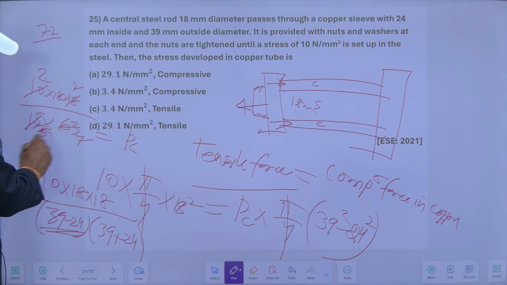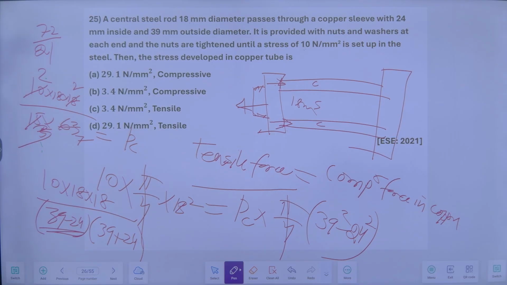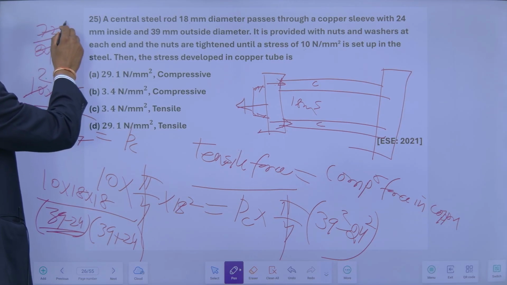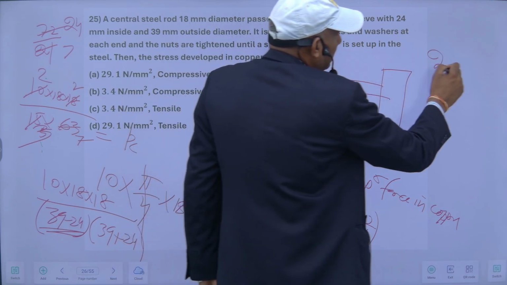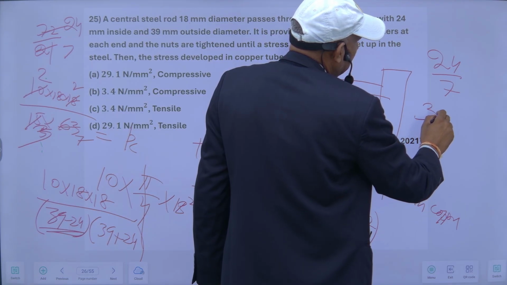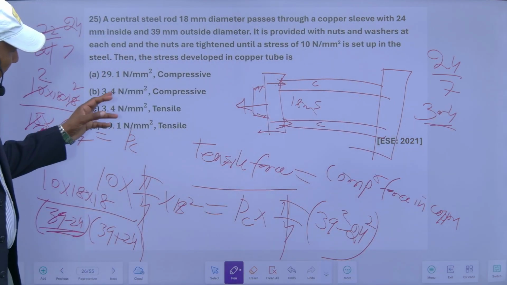Oh, this is 3 actually. So it will be 72 upon 7 into 3, 21. So finally, this will be equal to 24 by 7, it will be 3.4.